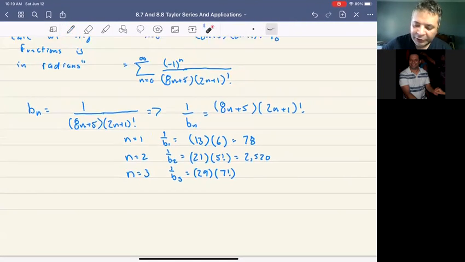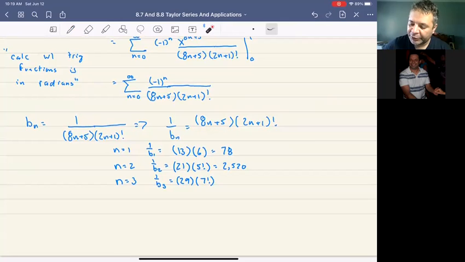When n equals 3, 24 plus 5 is 29, and 6 plus 1 is 7 factorial. And that is 146,160. Guess what? So our approximation only needs to take the 0, 1, and 2 terms.